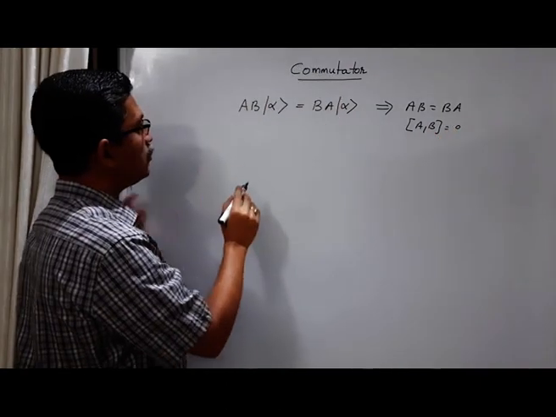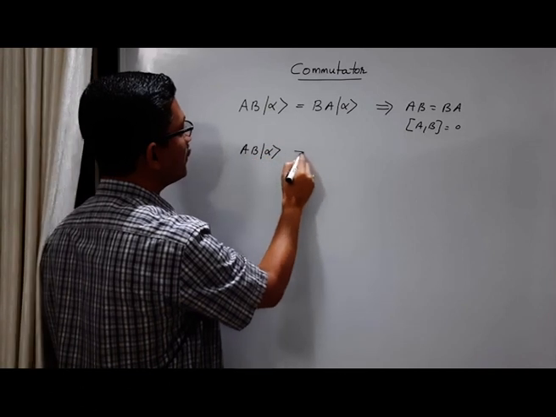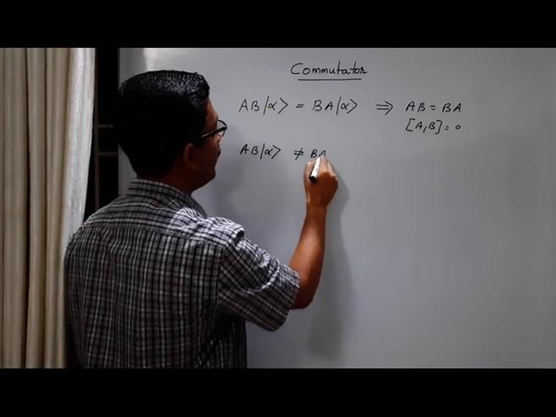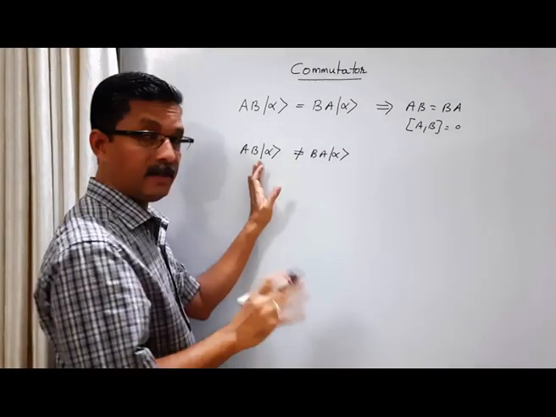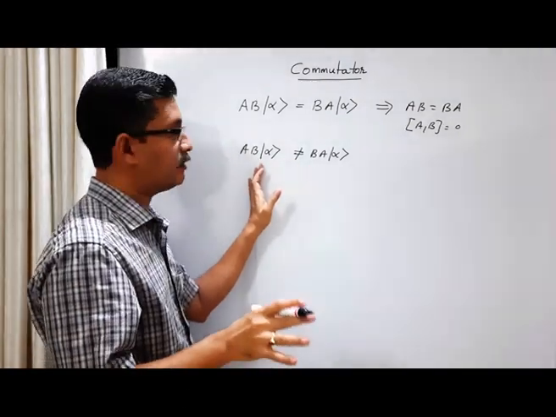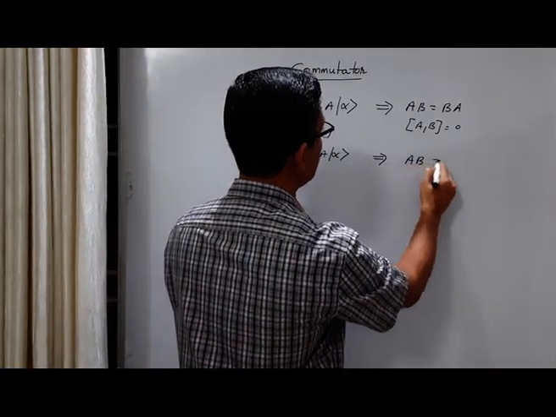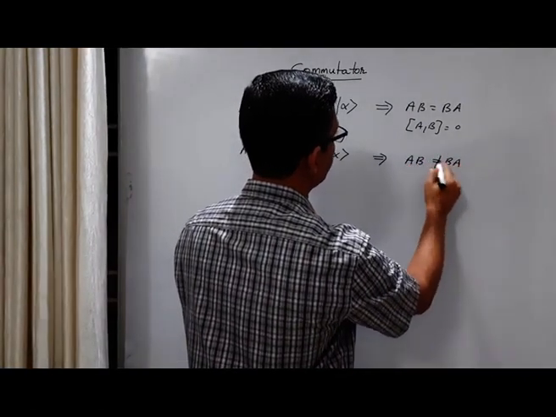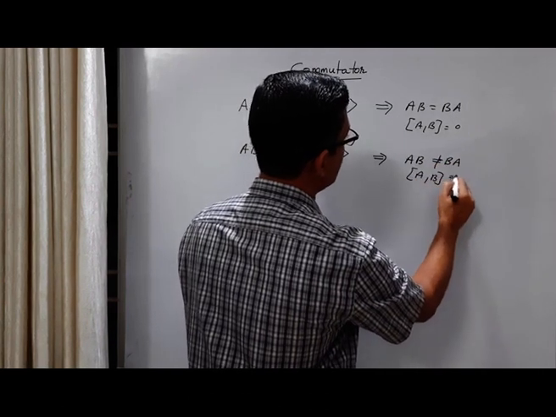Also, if AB acting on a general ket vector is not equal to BA acting on a general ket vector, and this is true for any arbitrary ket vector in the vector space, only then can we say that AB is not equal to BA, or the commutator between A and B is non-zero.